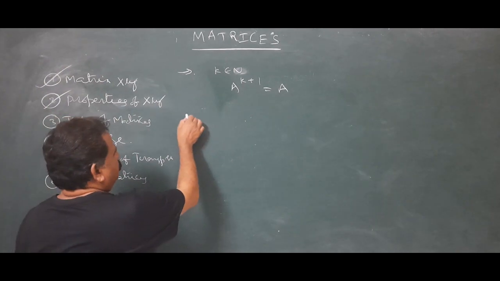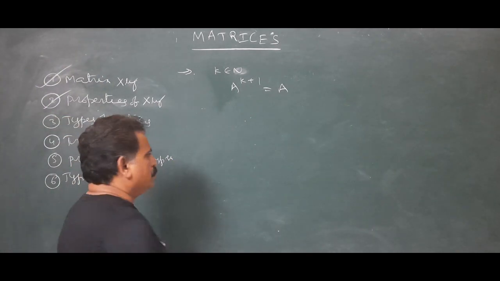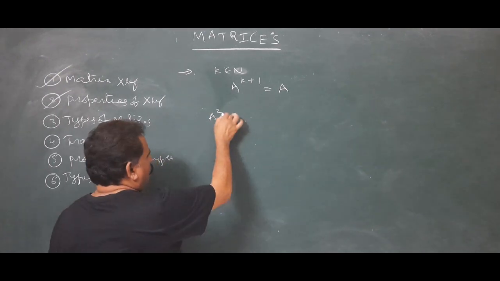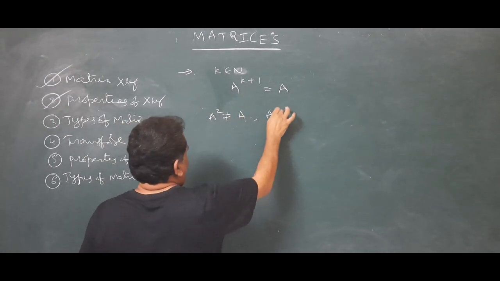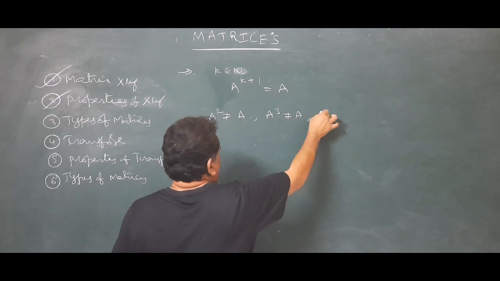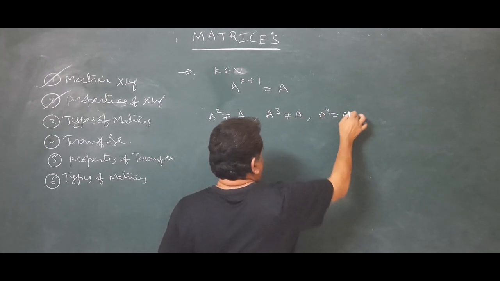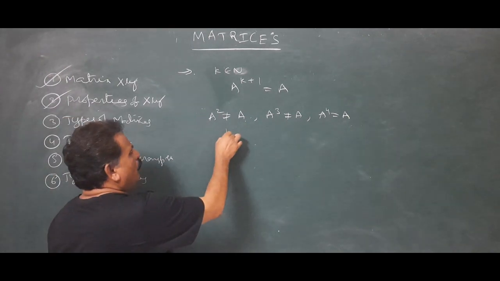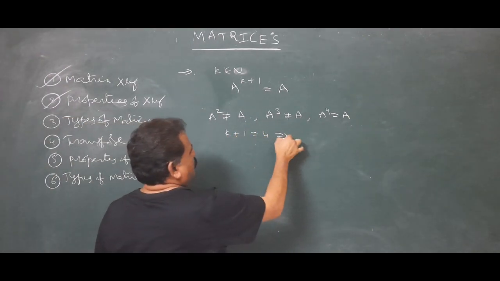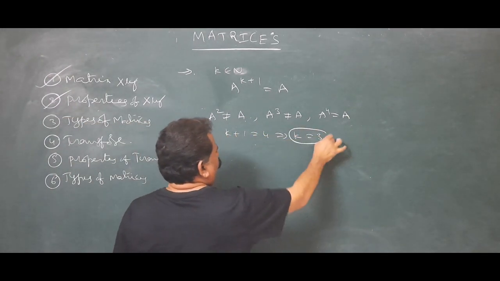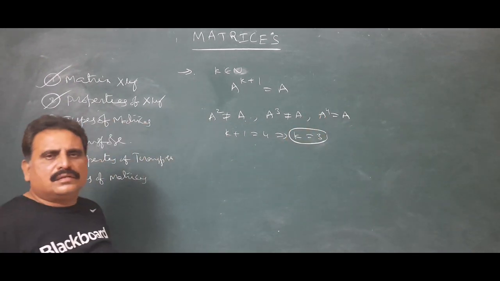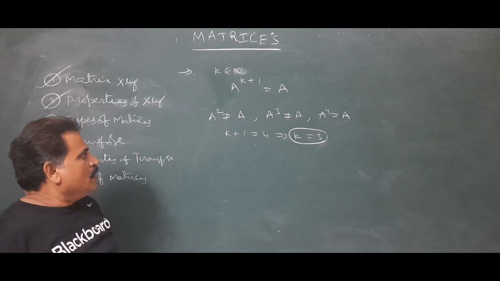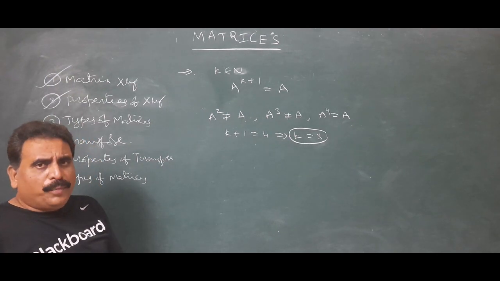For example, let A be a square matrix. You check that A square not equal to A cube, not equal to A, and A power 4 equals A. So that is the least number. That means k plus 1 equals 4, so k equals 3. So that is a periodic matrix of period 3.